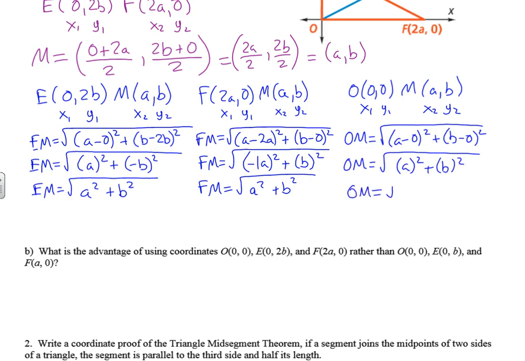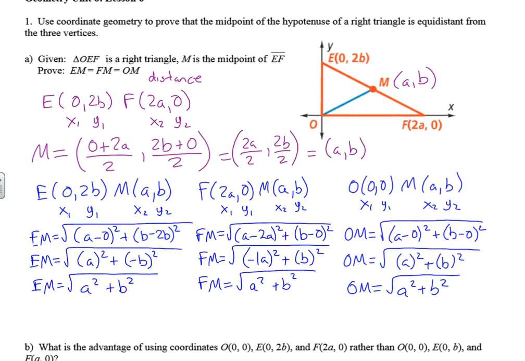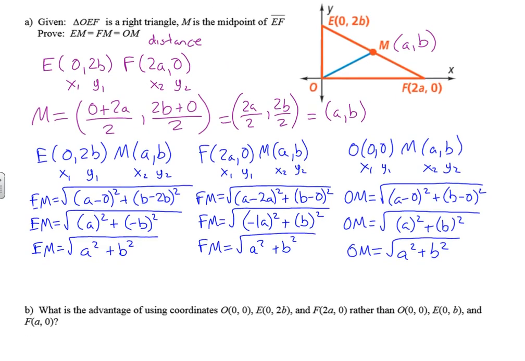So look at that. They all have the same distance. What we just did was prove that all of those have the same distance. And this is more of a general thing. We don't know what b is, we don't know what a is. So it's a broader kind of proof that this relationship is in fact true, and we showed it there.